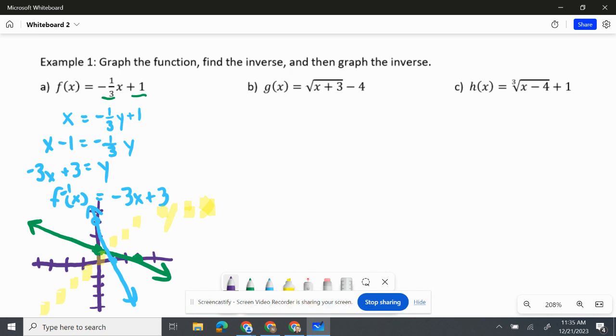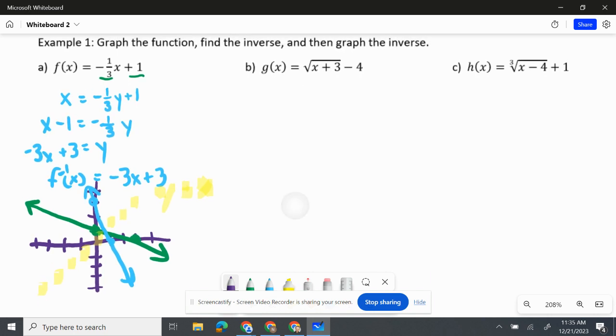What we're going to do is first graph our square root function. When we do that, we're going to come up with our table.